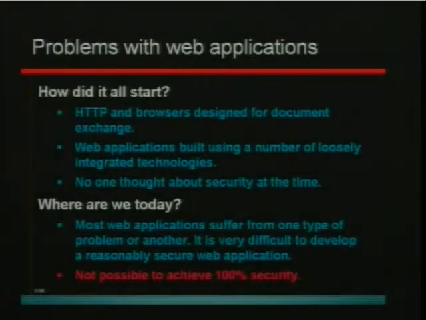And the reason we need web application firewalls is basically we're in a big mess. As you very well know, most websites and web applications out there are terribly insecure, which is no wonder because we're using a protocol that was designed to do something completely else.